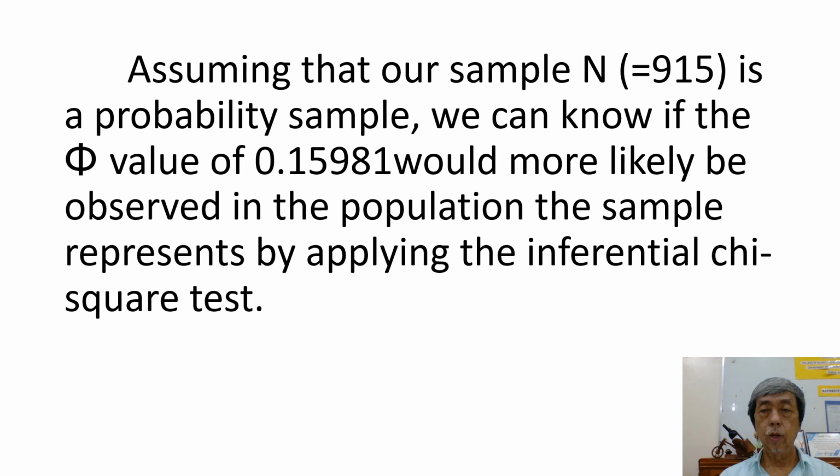Assuming that our sample size of 915 is a probability sample, we can now know if the phi value of 0.15981 would more likely be observed in the population the sample represents or is significant by applying the inferential chi-square test.